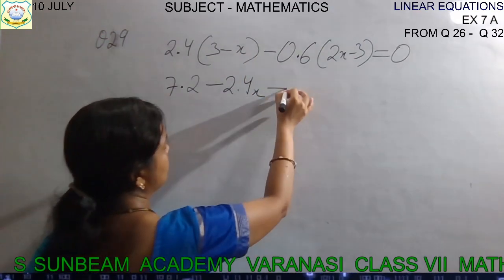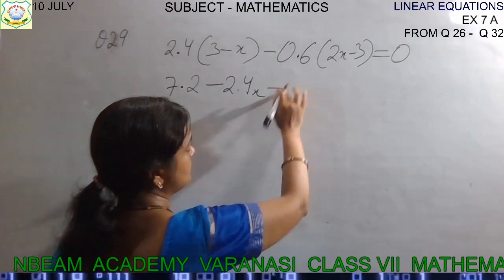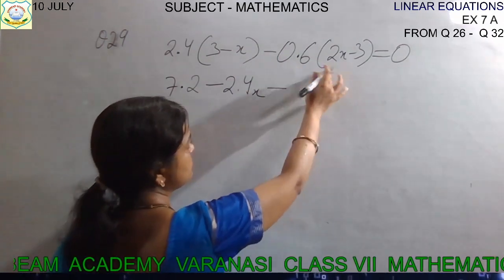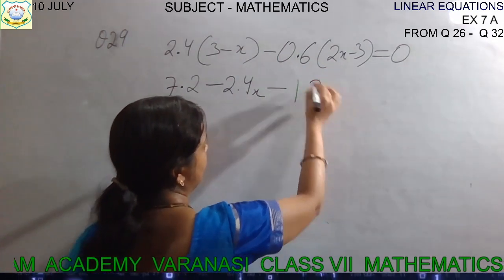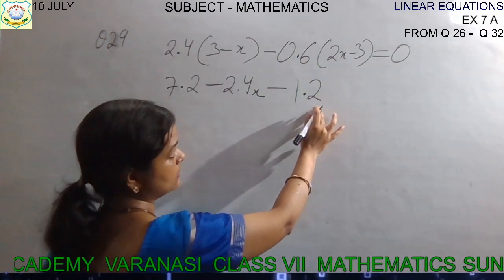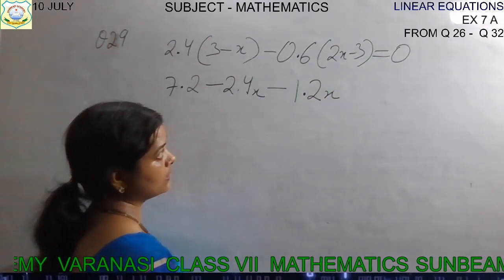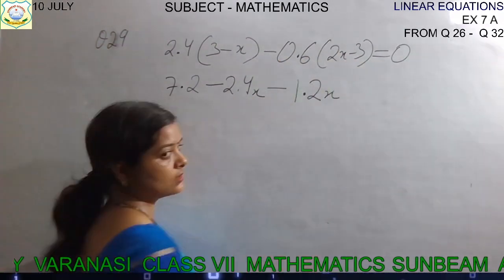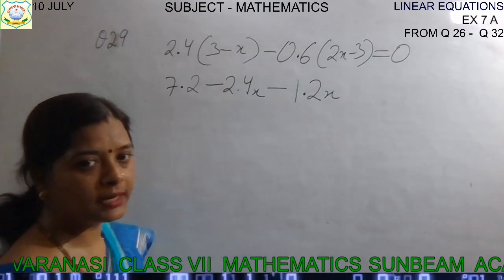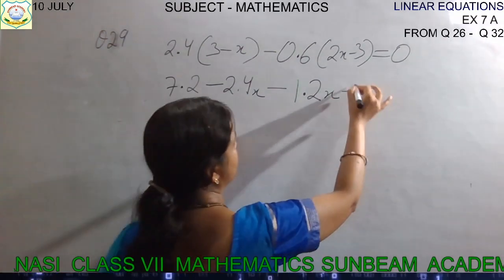Then minus plus minus. 0.6 into 2. 6 2s are 12, children. You know, and there is one decimal place, so in the answer also there will be one decimal place. This will be x also. Okay, 1.2x. Minus minus, children, minus minus will become plus. So we will put a plus sign.